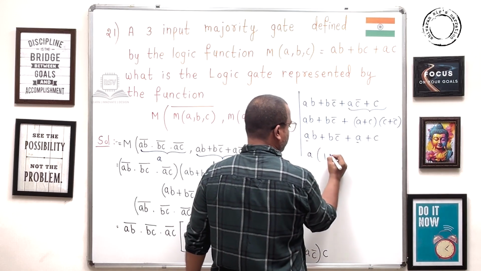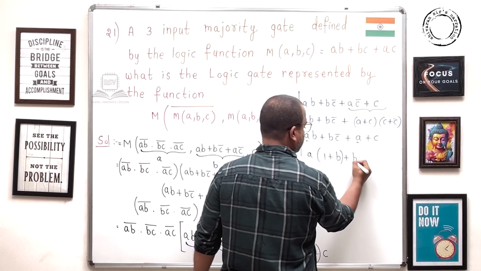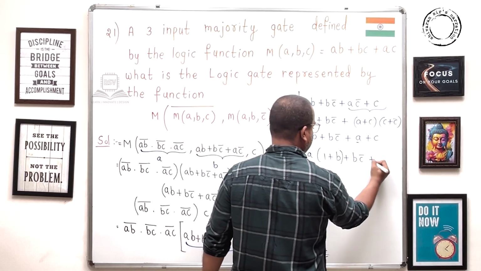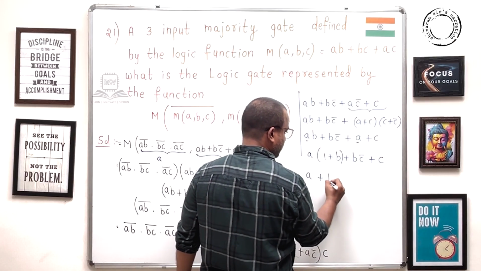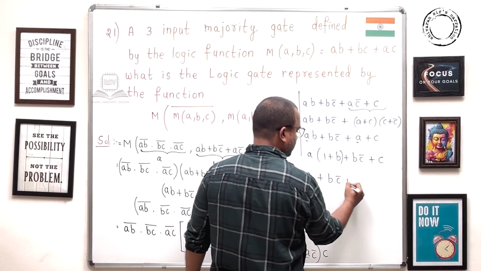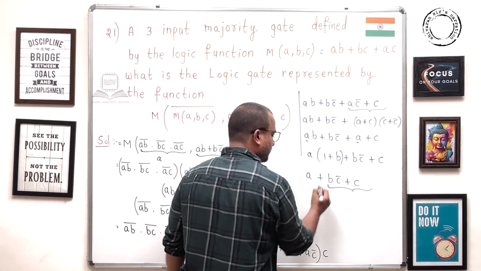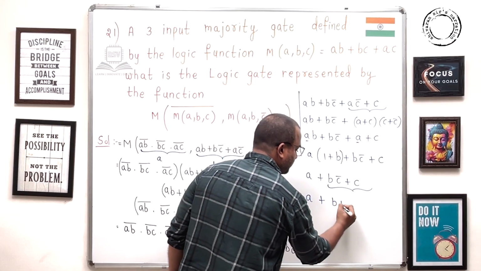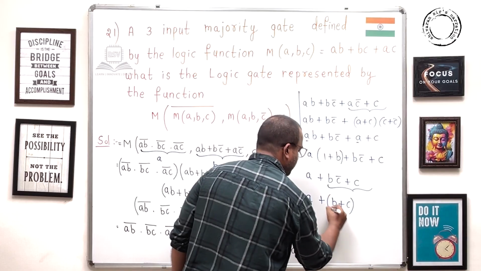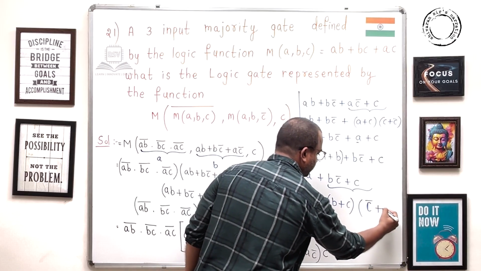A into 1 plus B plus BC bar plus C. Now it is A plus BC bar plus C. And these two terms, again by the distribution theorem, A plus B plus C into C bar plus C.